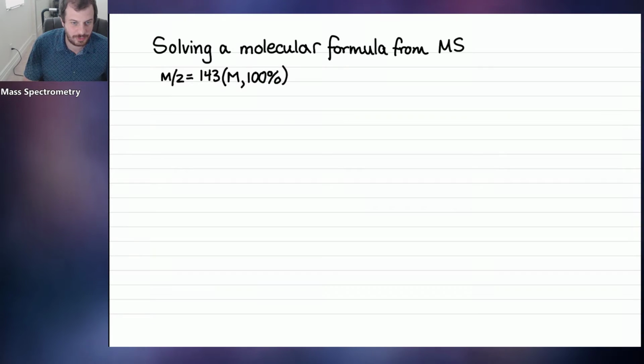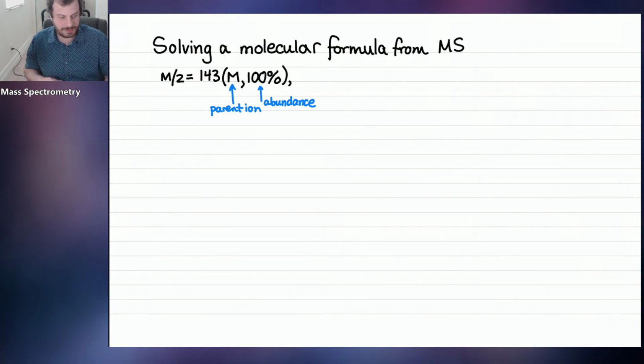So what does that tell you about the parent ion? The M tells you it's a parent ion and the abundance is 100%. That tells you that it happens to be, in this example, that the parent ion and the base peak are the same thing, because whatever is 100% abundant is the base peak.